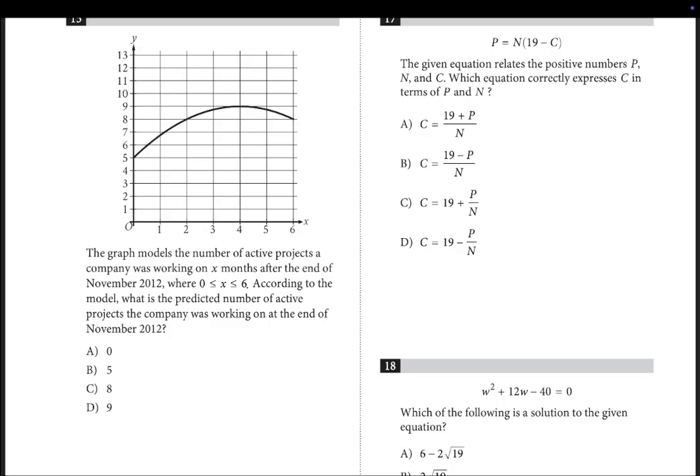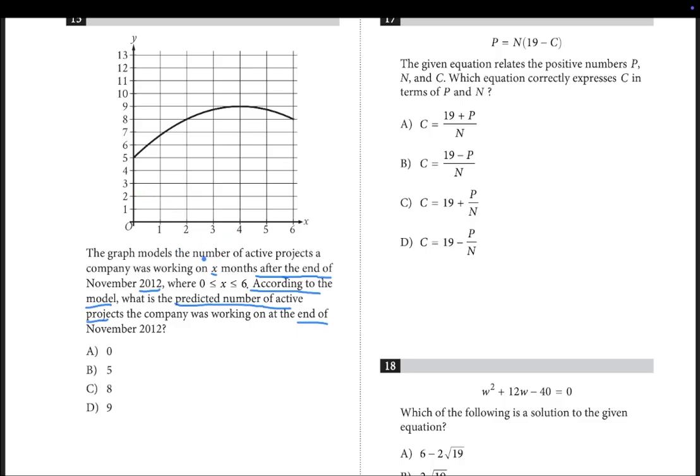So here we have question number 13. The question states, the graph models the active projects a company was working on x months after the end of November 2012. According to the model, what is the predicted number of active projects the company was working on at the end of November 2012? So we're gonna look at our graph.